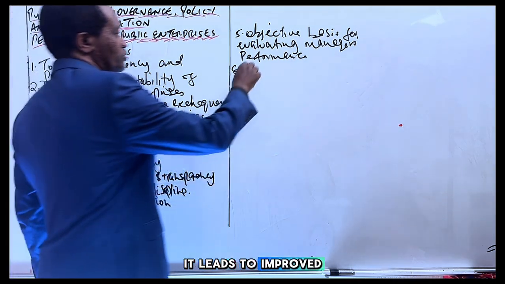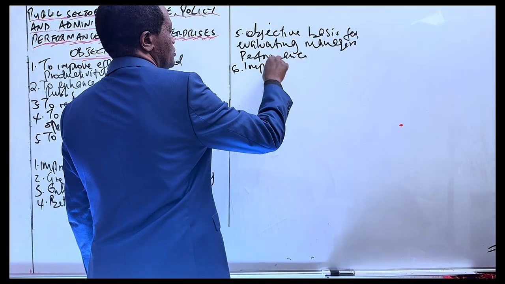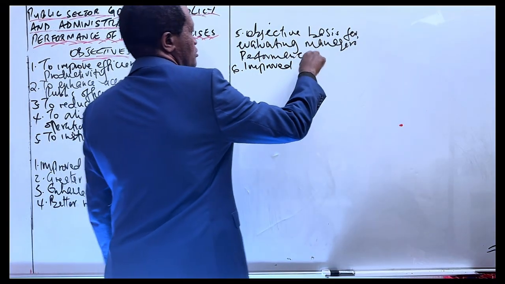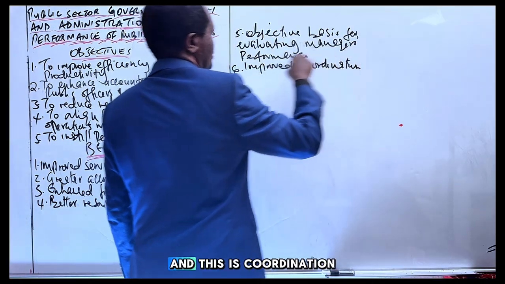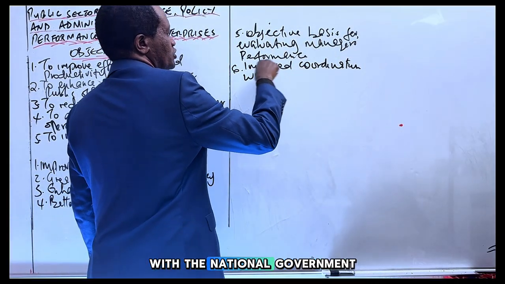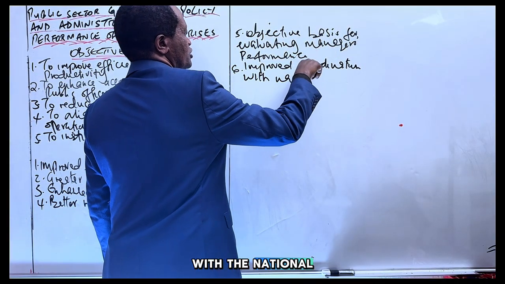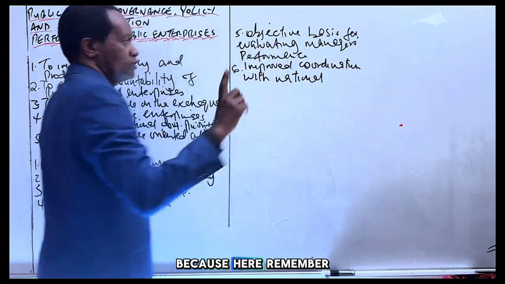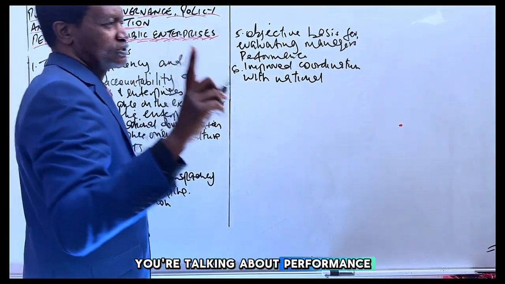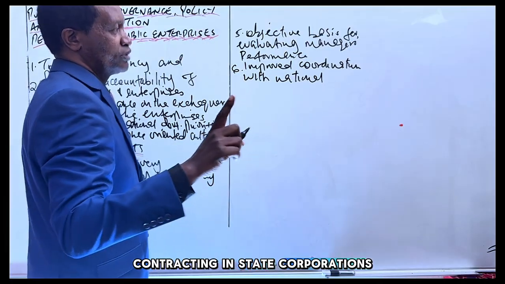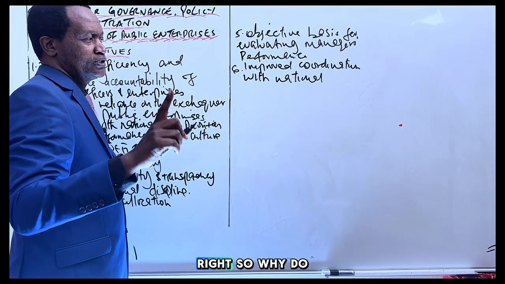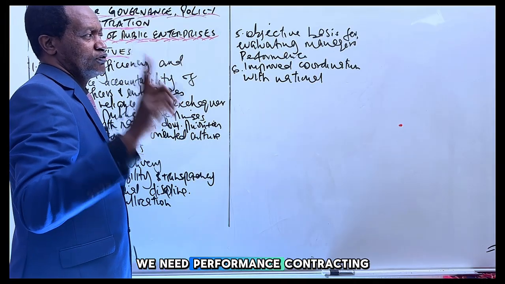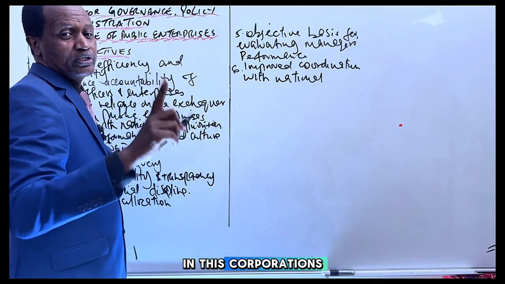Now let's put down the next benefit, which is coordination. It leads to improved coordination with the national government, because here, remember, we are talking about performance contracting in state corporations, right? So why do we need performance contracting in these corporations?